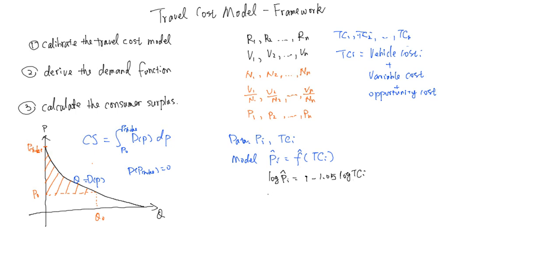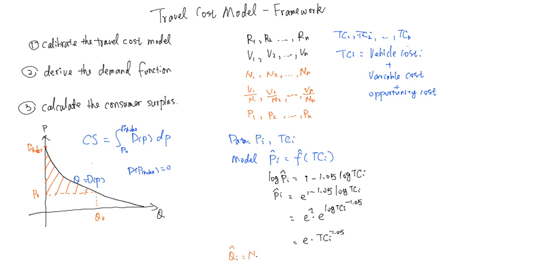First, I need to translate log probability into level probability, because I cannot multiply log probability with level population. So here I need to get Pi, but that is not Q yet. We actually need to get Q. So Qi is going to be Qi hat.